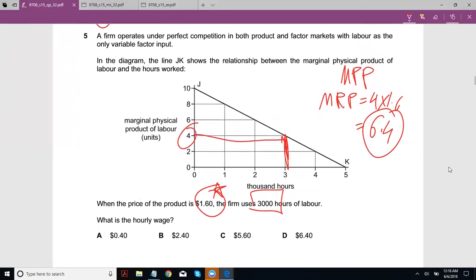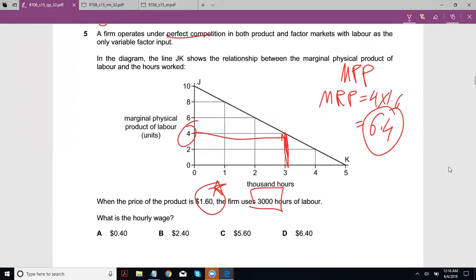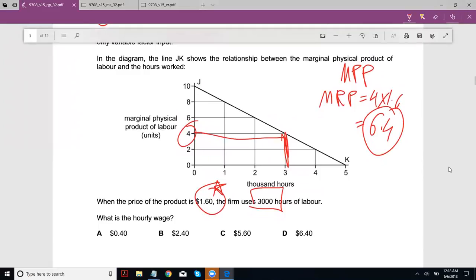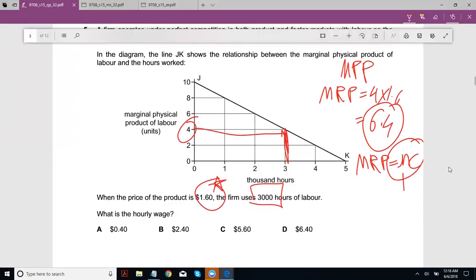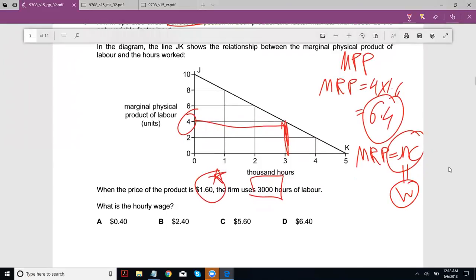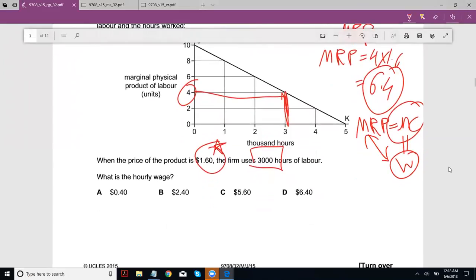Since it operates in perfect competition in both product and labor markets, it would produce where MRP equals MC, and the additional cost of hiring another unit of labor, which is your marginal cost, is really your wage rate. So MRP equals your wage rate, which is 6.4.